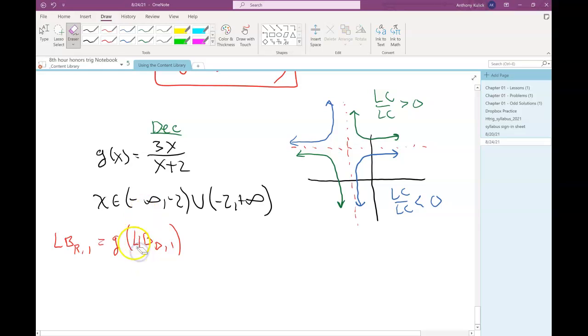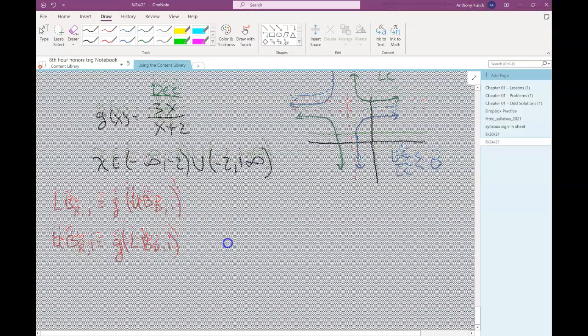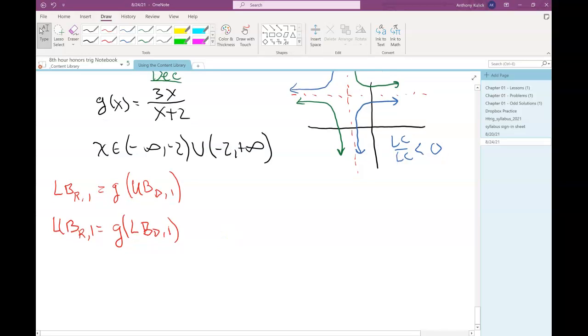Make a u that looks less like a 4 there. And the upper bound for the range in the first part is g of the lower bound for the domain from the first part. And then the same thing for the second part, right?